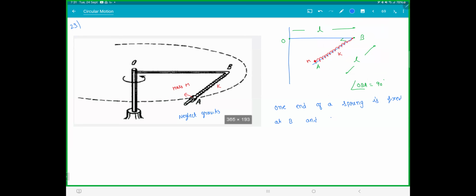The other end is attached to a movable mass which is free to move. Now, if this whole system rotates with omega, find the elongation in the spring in equilibrium. Find the max elongation in the spring when it rotates with omega.